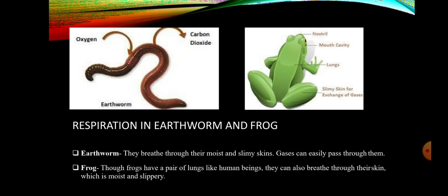When we look at the frog, though the frog has a pair of lungs like human beings, it can also breathe through its skin, which is moist and slippery. So frogs have a dual or twin mode of breathing: on land they can breathe through their lungs, and when they are in water they can breathe through their body or skin.